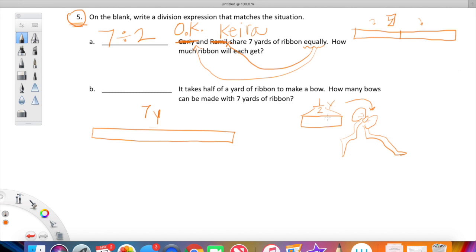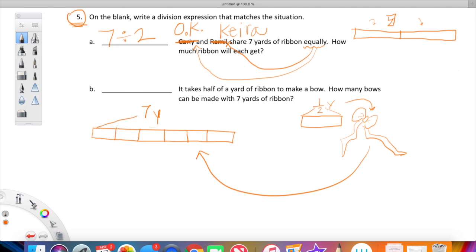A half of a yard makes a bow. How many bows can I get out of this 7 yards? Well, let's think about how many halves live inside of 7. And nowhere does it say that I have to draw anything, but this really supports my reasoning. I love to draw it out to visually feel super confident that my expression is the perfect expression to support the situation.